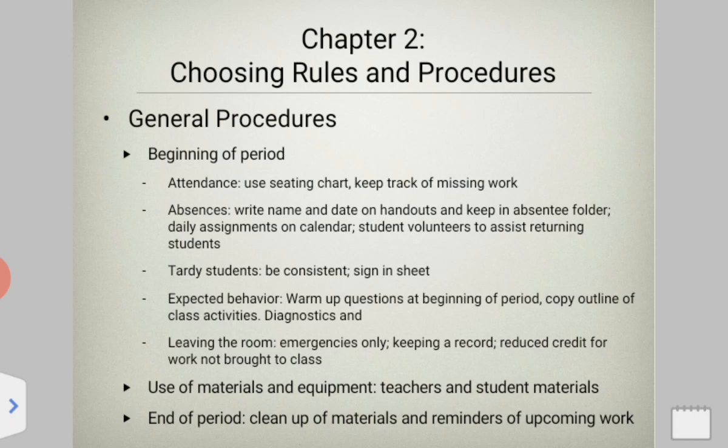And then we have here using materials and equipment. Well, that's also depending on the context that you're working with. And at the end of the class, clean up for materials and reminders of upcoming work. Remember that we also create a good environment when we leave the class.